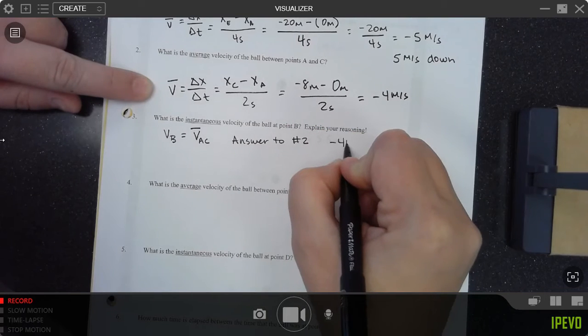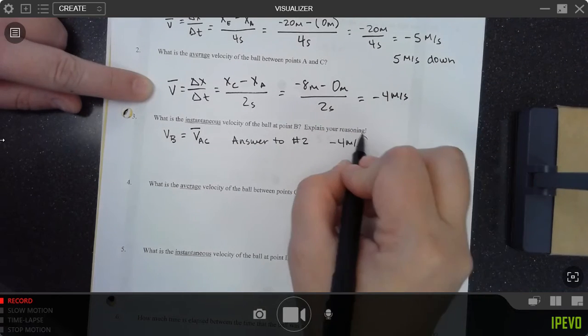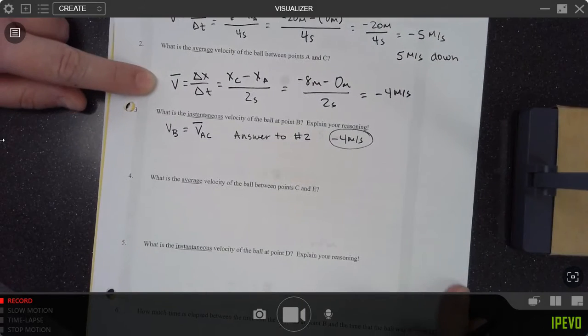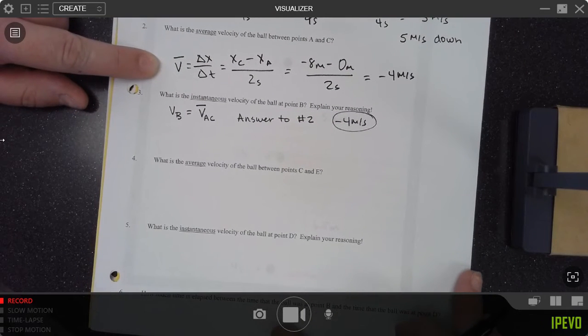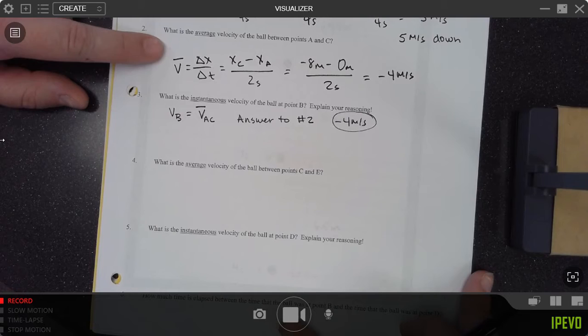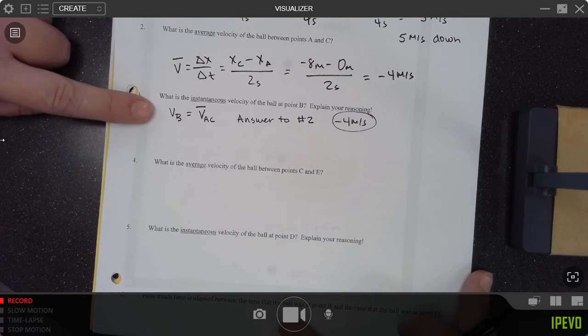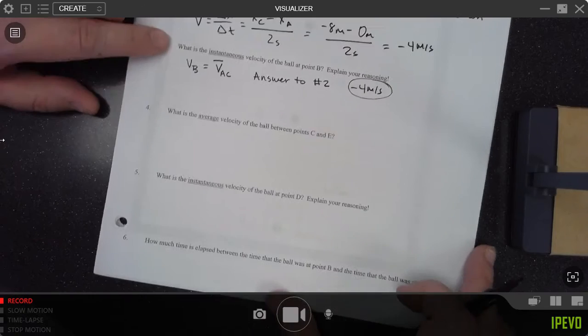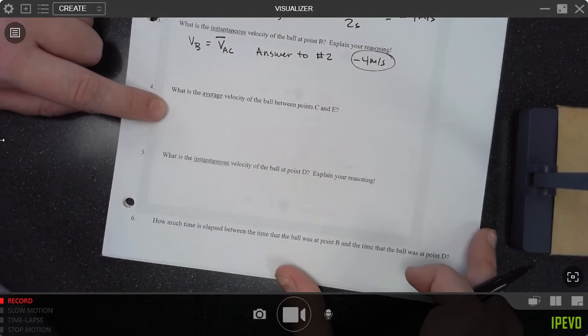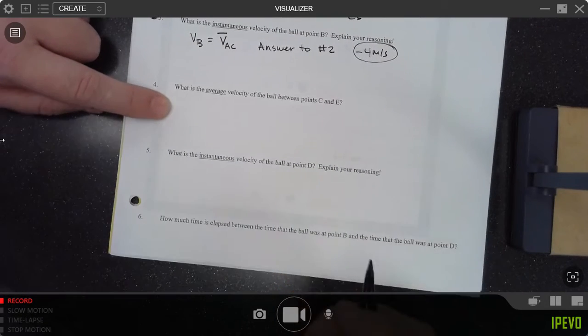And it's minus 4 meters per second, or 4 meters per second downward. How are you guys doing on recognizing average velocity and how it relates to instantaneous velocities? Is that part making sense? Cool.